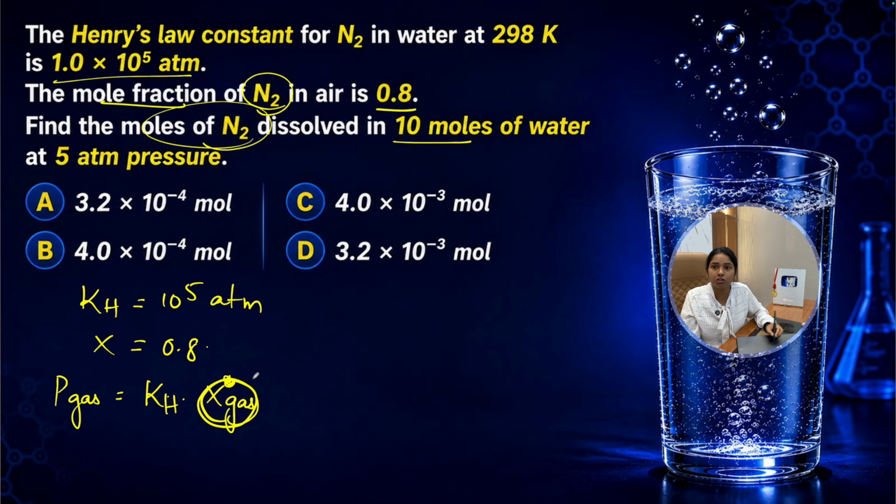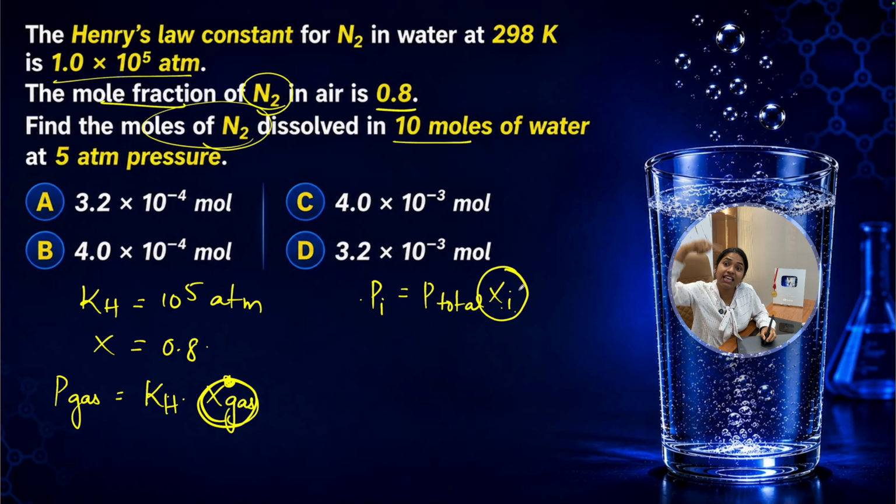You should not substitute here. What is the formula to calculate mole fraction in the air? Can you tell me? Pi is equal to P total into Xi. This is the formula to calculate the mole fraction of that particular gas in air. The other is the mole fraction of the gas in the liquid formula.